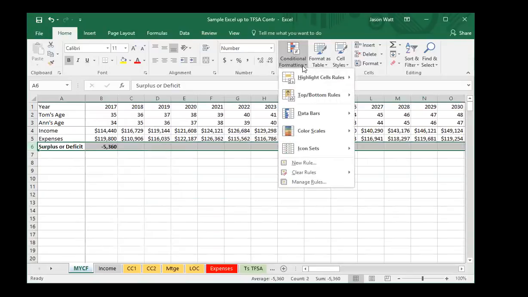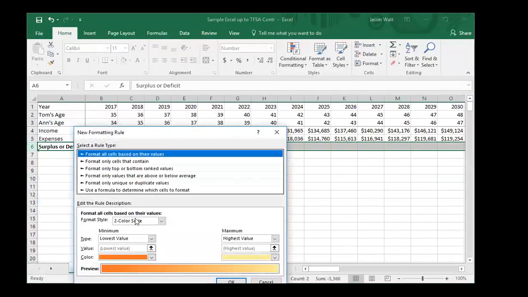So this is where we can, and this is a little fancy maybe, this is where we can do something called conditional formatting. And we're just going to do a new rule here. And we're going to say format all cells based on their values. Yeah, okay, that makes sense. And we just want a 2-color scale. Sorry, I apologize.